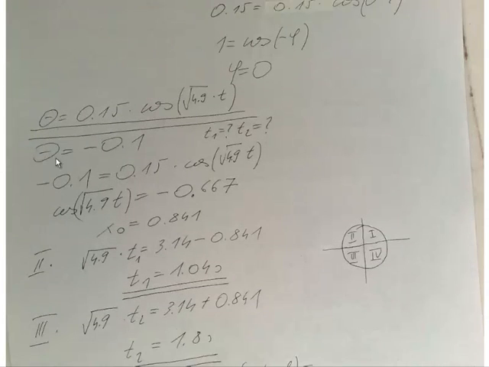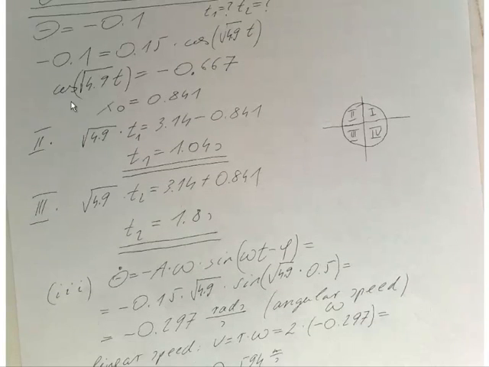Now we know that theta is equal to minus 0.1. We get t first and t second. We write this value here, divide by 0.15 and change the sides.